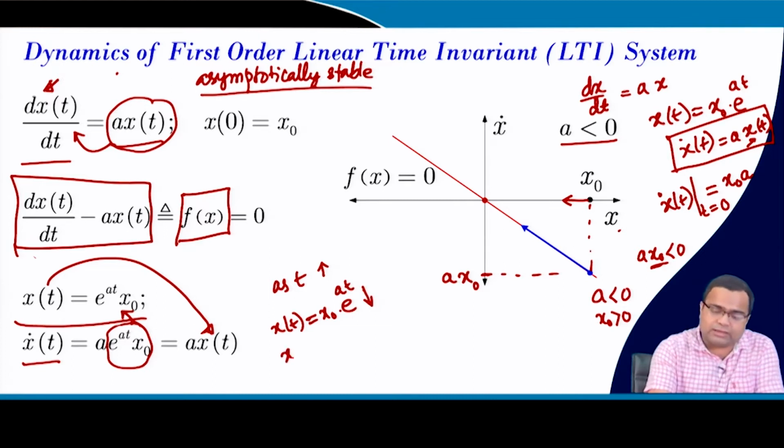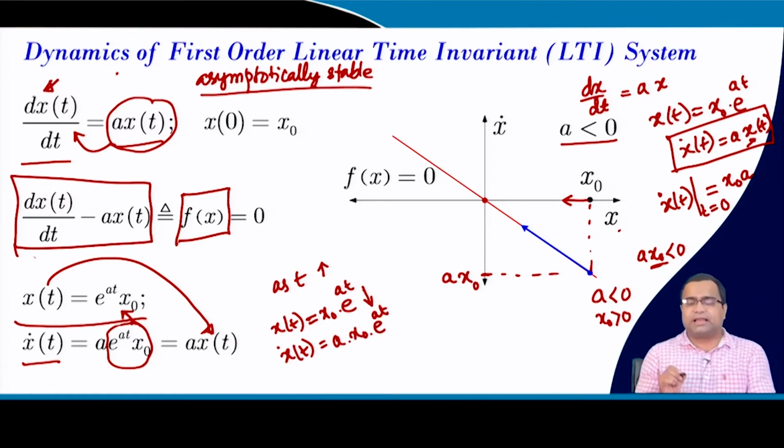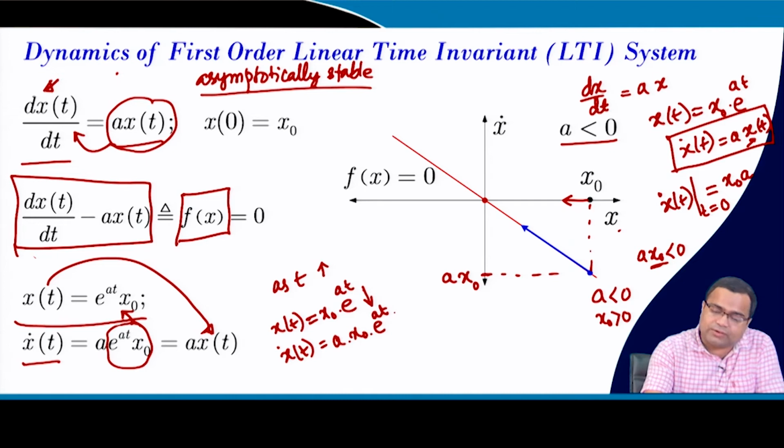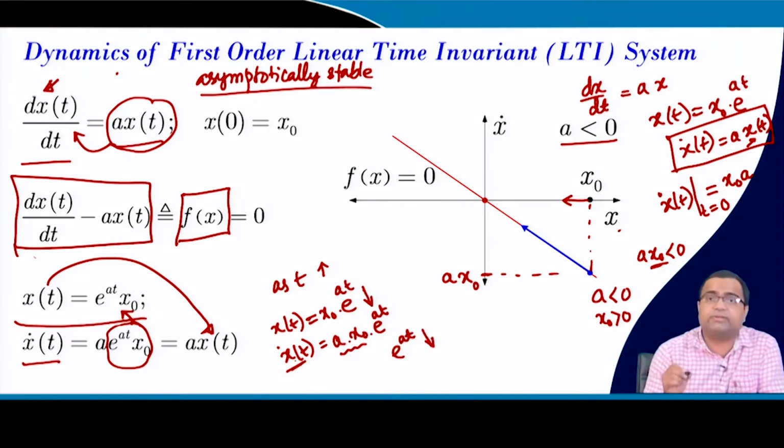What about x dot t? X dot t, if you write, it is simply what we have obtained, A into x0 into e to the power At, right. Since this quantity is negative, and e to the power At will decrease, naturally this quantity will increase.